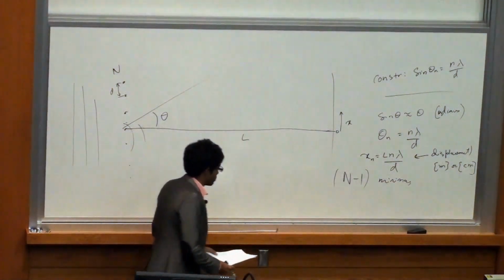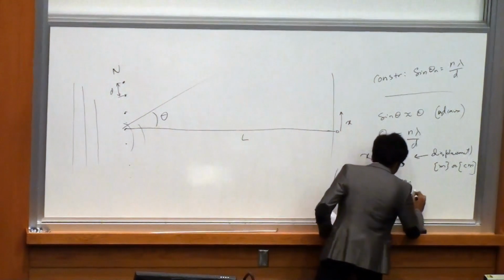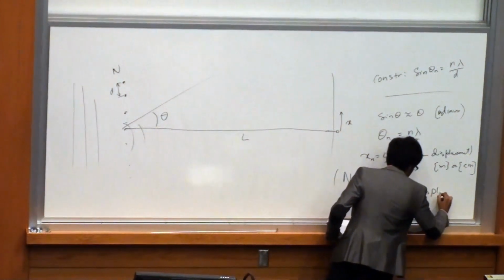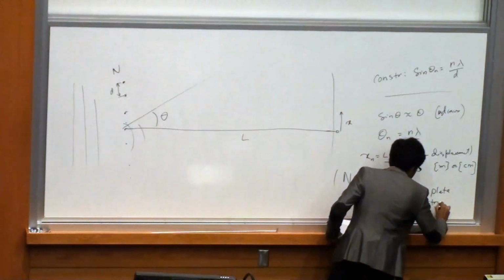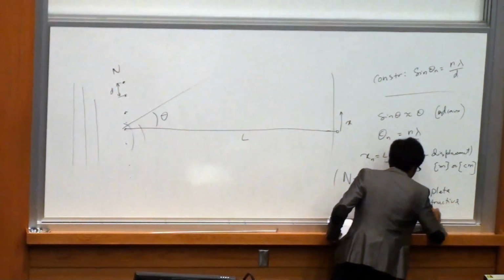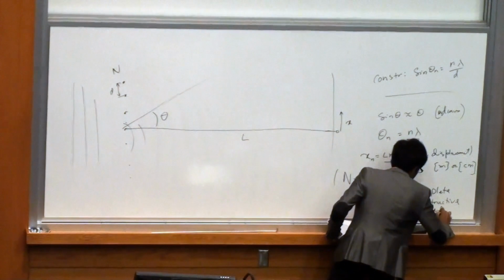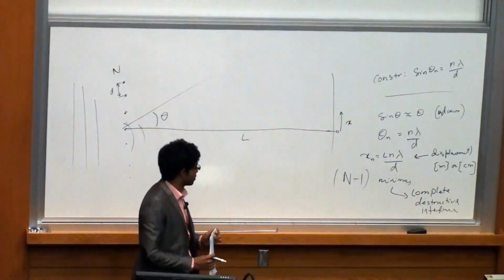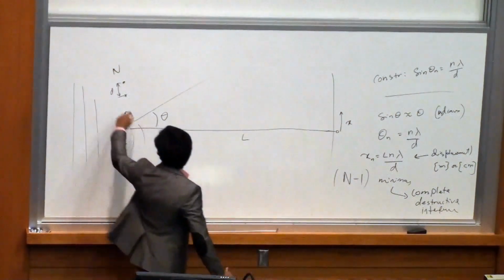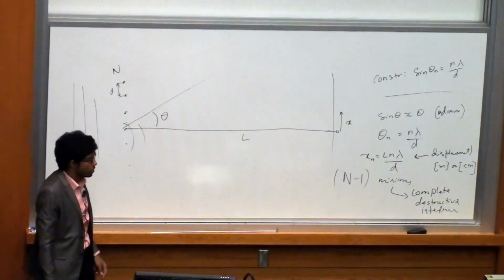And by minima, of course, I mean complete destructive interference. What's that? Big N minus 1, big N being the number of sources I have.